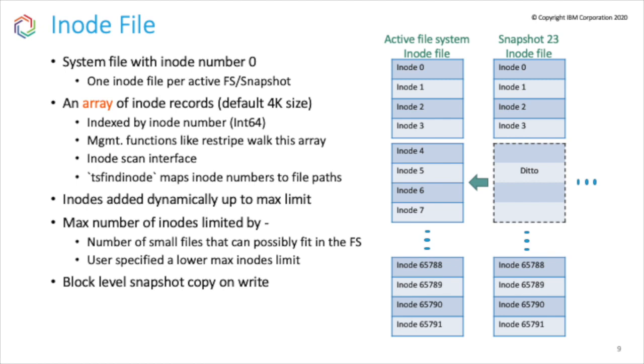But I think the important point that Ken was asking was, can I have an 8K inode size? And you can't, right? Metadata block size is different than the inode. Inode is fixed at 4K, so if the file is smaller than 3.5K, then you can stuff it in there, but you can't do what was being asked in the Q&A. That's right. The inode size is determined at 4K.